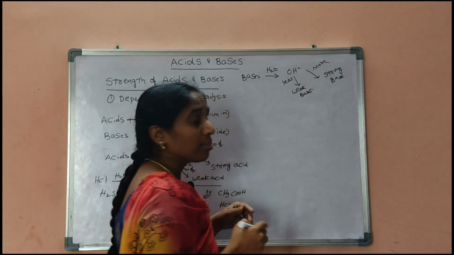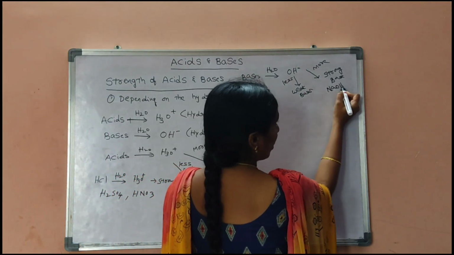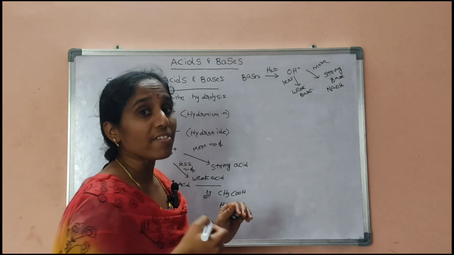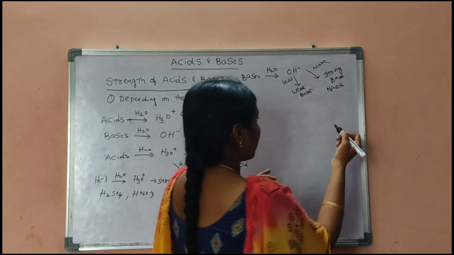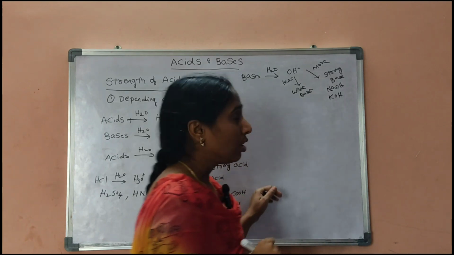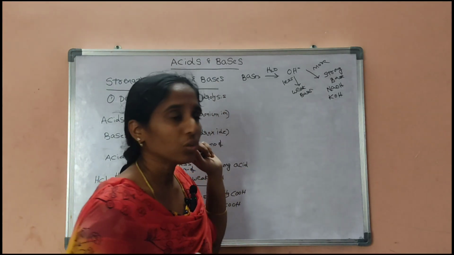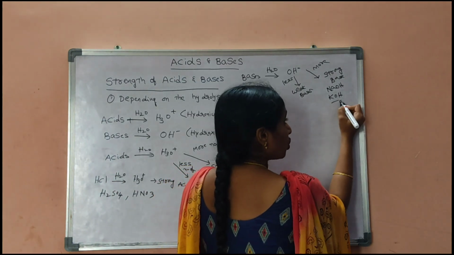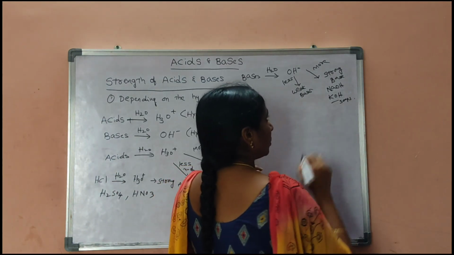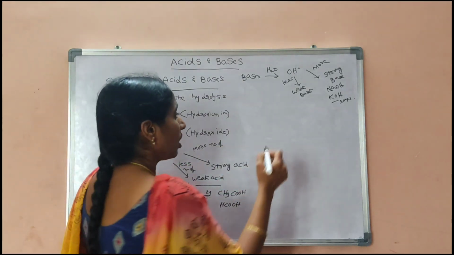What are the examples of strong bases? NaOH. The general name of NaOH is caustic soda. Next, KOH, potassium hydroxide. Where are sodium hydroxide and potassium hydroxide used? Preparation of soaps.